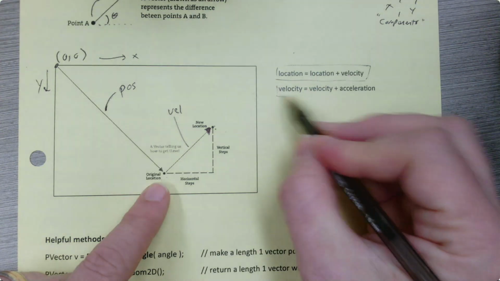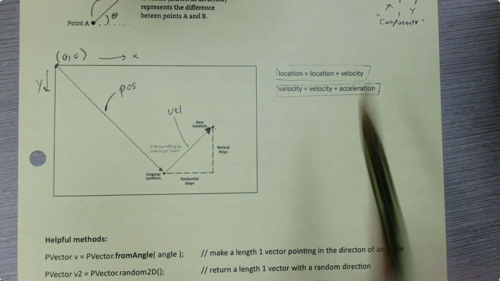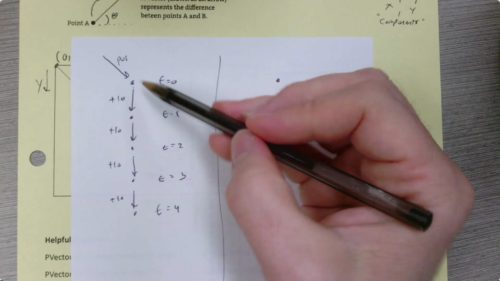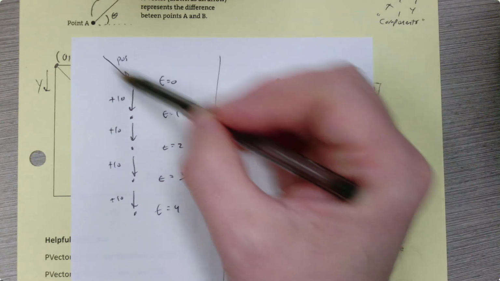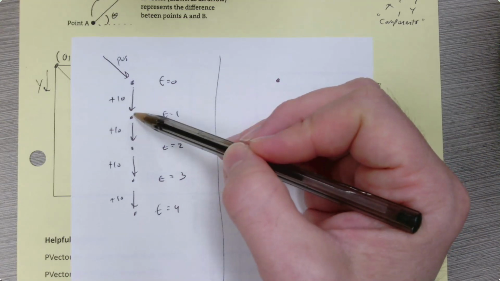We're also going to support acceleration. Acceleration changes your velocity. Let's just think about how that makes sense for a second. Imagine that we have an object at time 0 here. It's being pointed to by its position vector. And then this is the velocity vector that's just pointing straight down by 10.